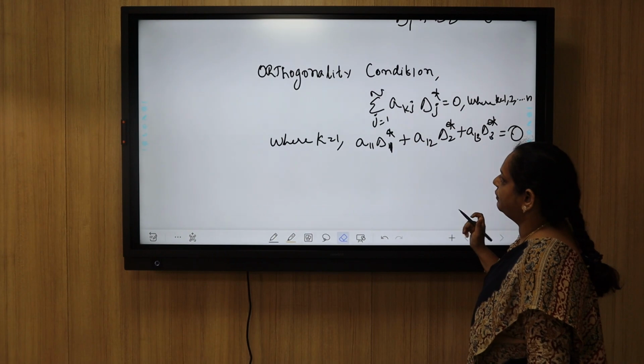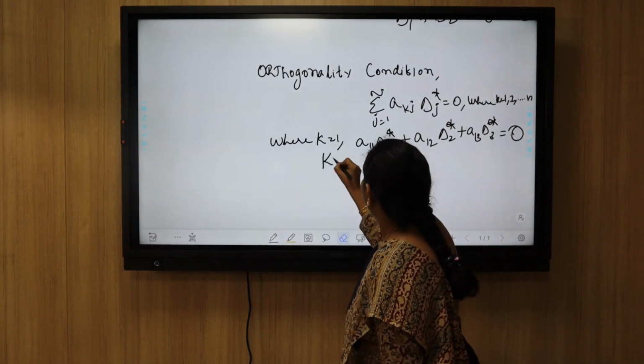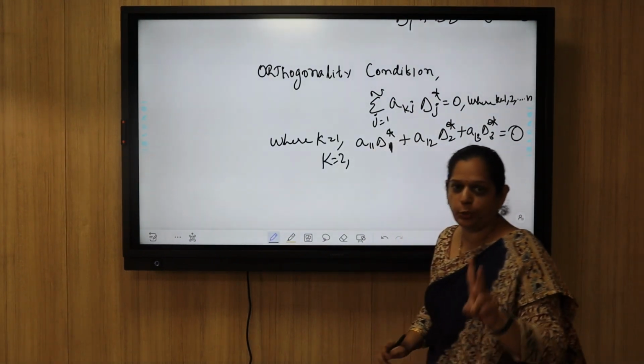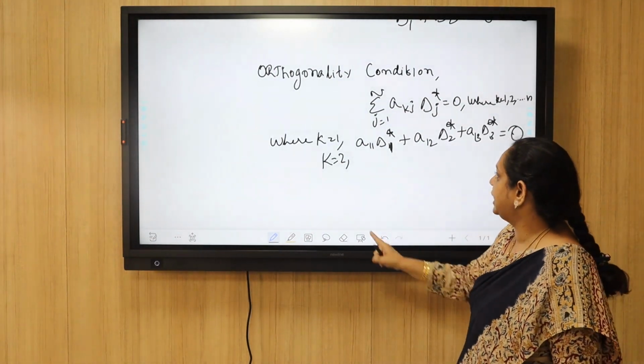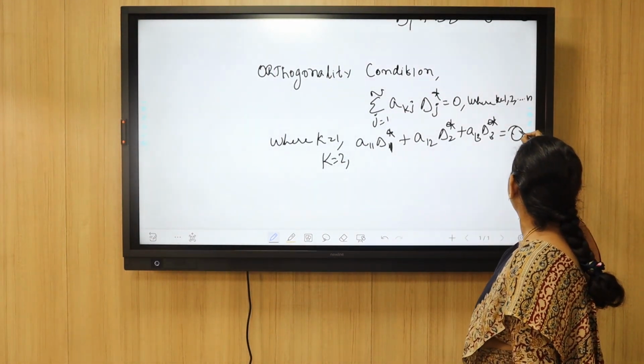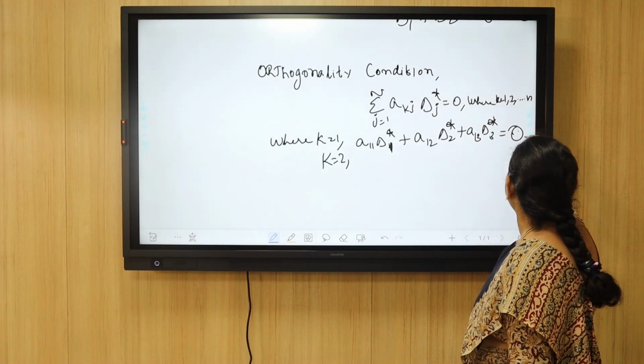Now coming to when k equal to 2. Because we know that small n is 2 variables, that is k equal to 1 and k equal to 2. That is the first equation.